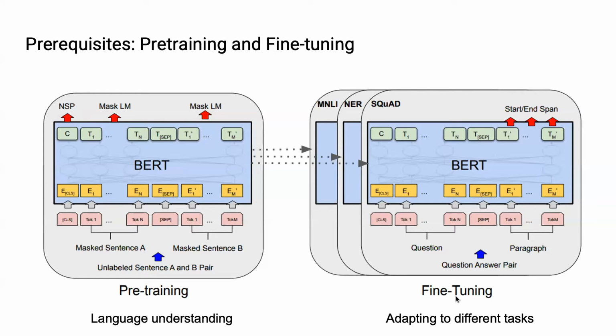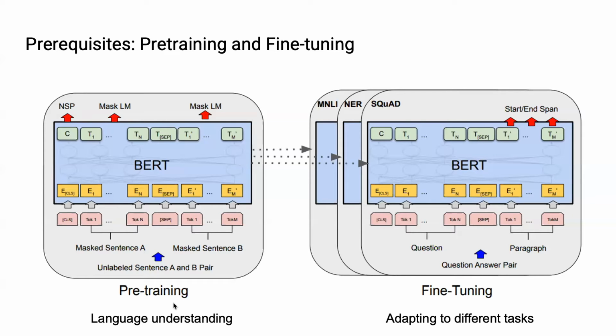And then we have lots of NLP tasks, right? Such as named entity recognition, or question answering datasets. The fine-tuning step is to further adapt the pre-trained model to a specific downstream task. This is a very common framework in the NLP world.